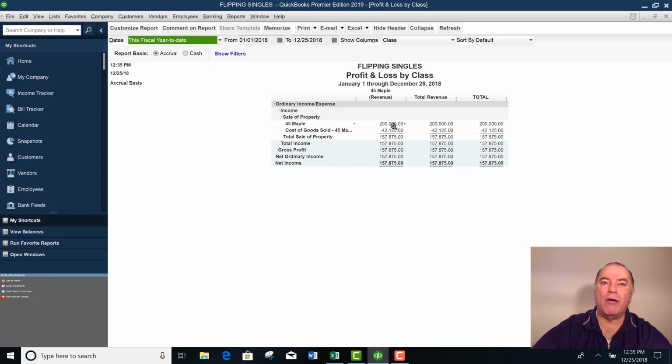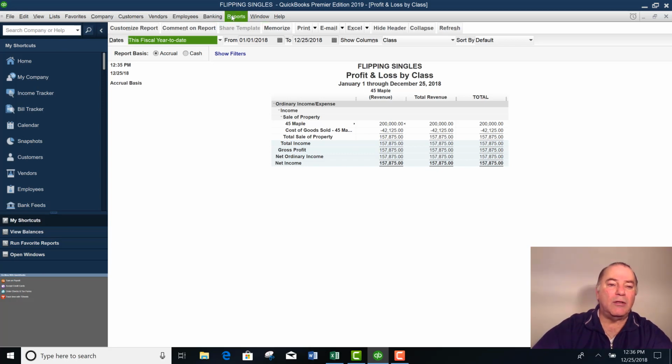It's still there if you need to go back and look at how much did I spend for holding, how much did I spend for rehab. But the way I brought it over to clear it out was I just brought over the total cost of all of those expenses to show it under cost of goods sold.